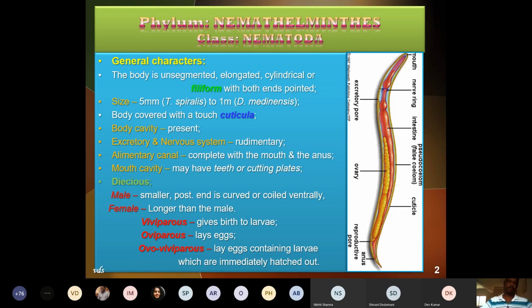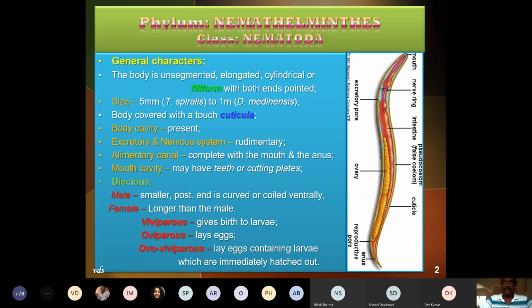And this female, in nematodes, either liberates the eggs after fertilization. Those females that liberate eggs are called oviparous parasites or oviparous nematodes. Whereas some of the parasites liberate the larvae after fertilization and not the egg. Such a female which liberates larvae after fertilization is called a viviparous parasite or viviparous nematode.